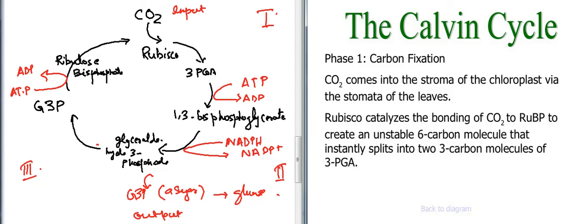Carbon dioxide comes into the stroma of the chloroplast, and there is a Rubisco enzyme which catalyzes the carbon dioxide to RuBP, that is ribulose bisphosphate, to create an unstable 6 carbon molecule that gets broken down into 3 molecules of 3-PGA, that is an unstable 3 carbon compound.